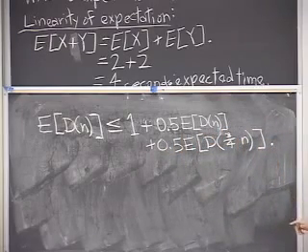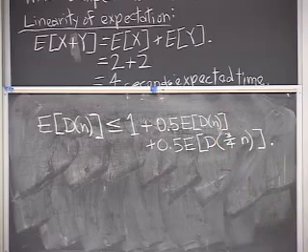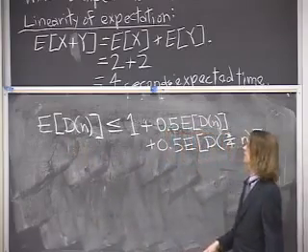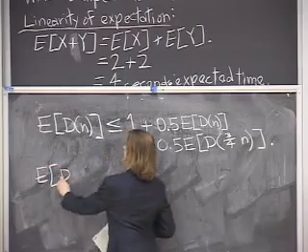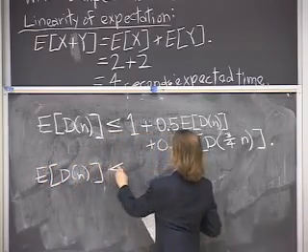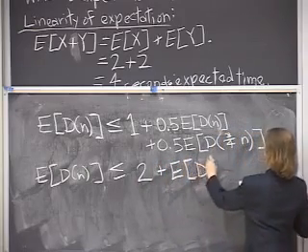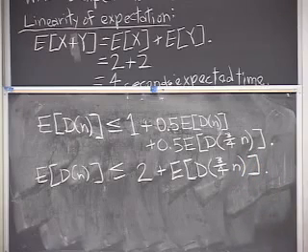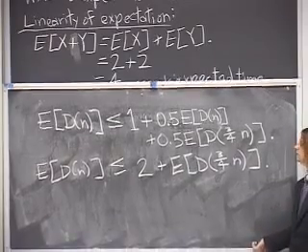So what I'm going to do is eliminate this one by multiplying the equation by 2 and subtracting E of d(n) from both sides of the equation. So I multiply by 2, subtract E of d(n), and that gives me this. So that little trick simplifies this somewhat.